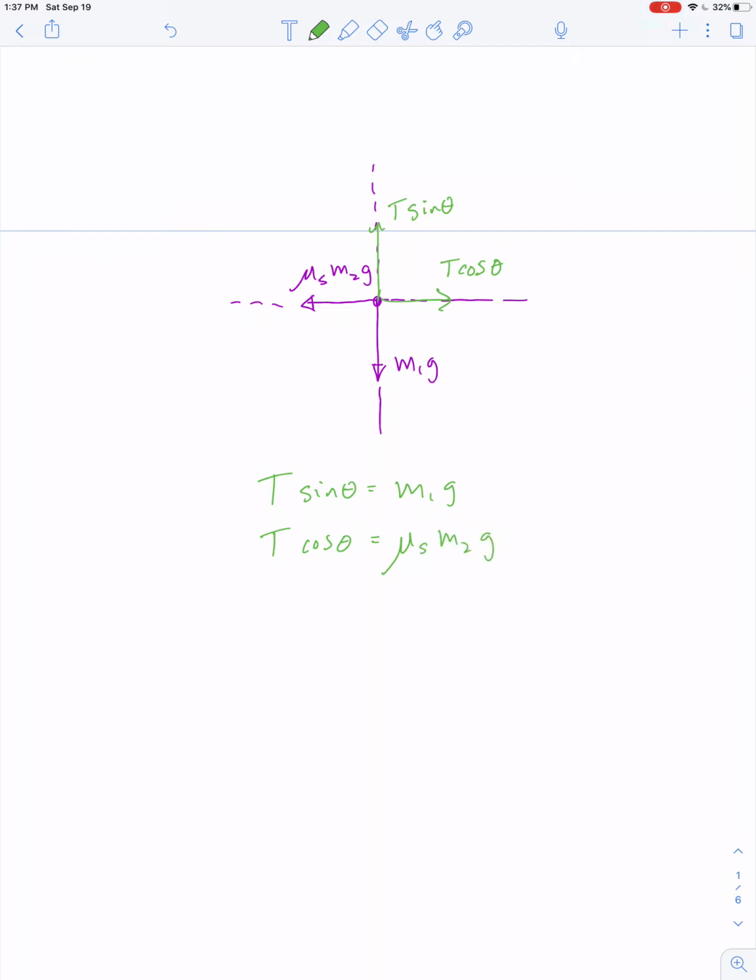and T cosine theta has to be equal to mu static times M2G. If we just divide one equation by the other, T cancels out, sine over cosine is tangent, so tangent theta, the G cancels as well.